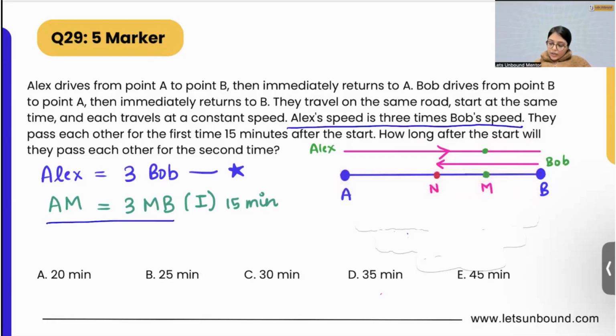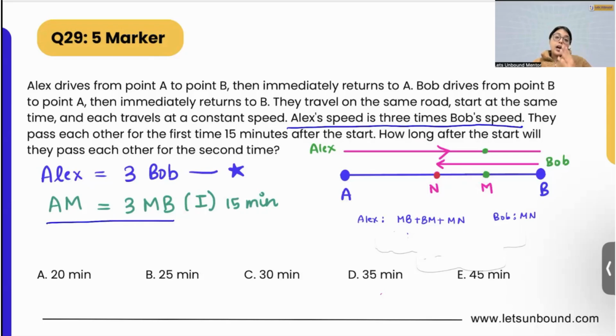So Alex will first move from M to B, then B to M, and then M to N, let's say, because he's 3 times faster. So I'm taking 3 distances, let's say, and Bob can only move this much till the time Alex moves 3 times faster. So we can take Alex as MB, BM, and MN, whereas Bob just moved MN.